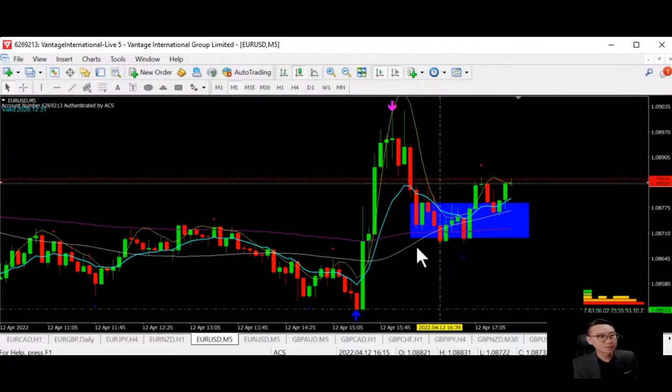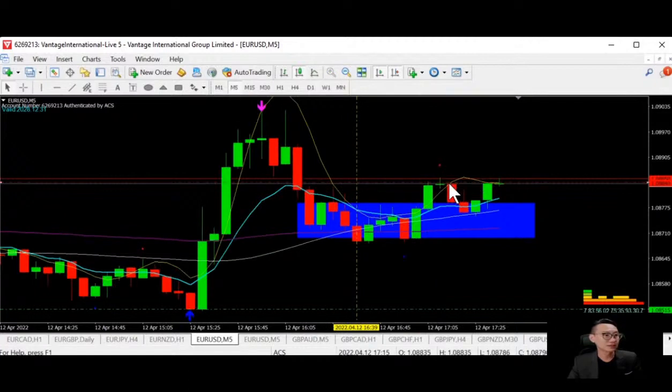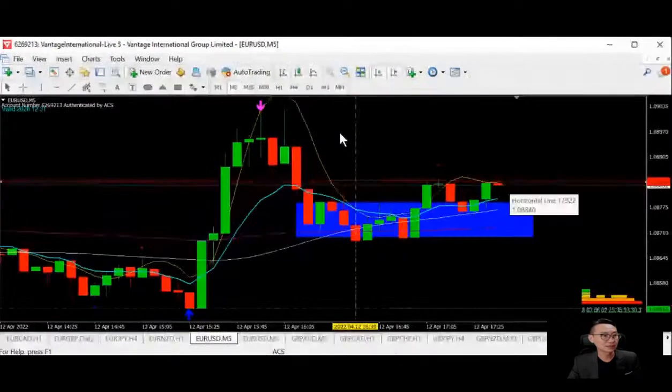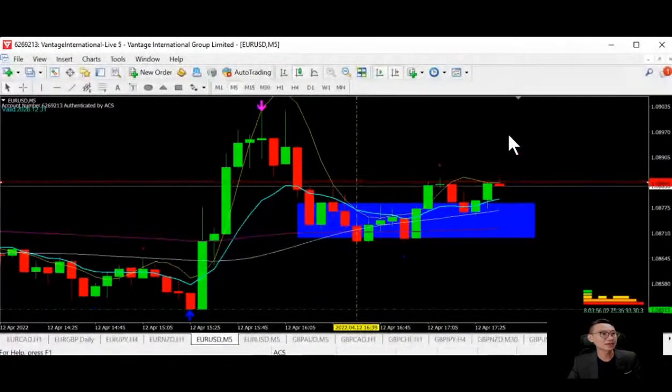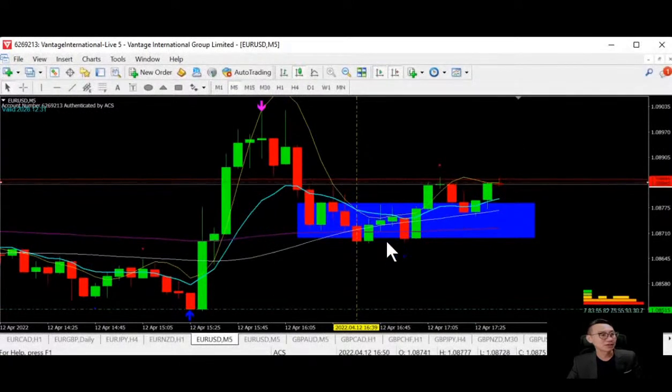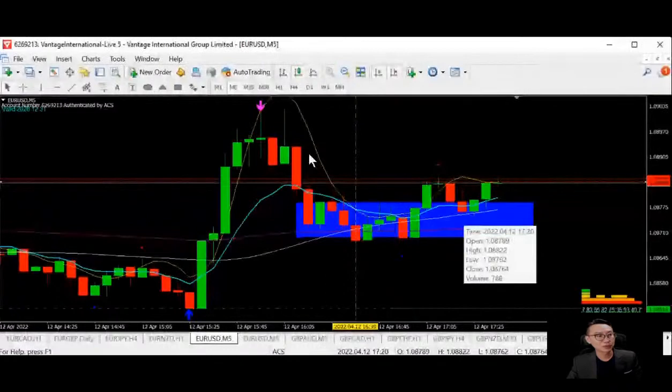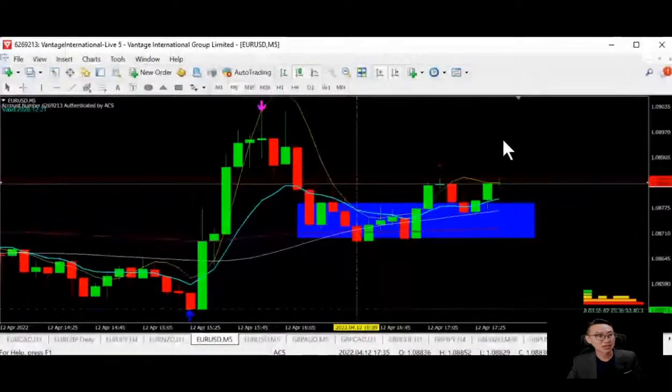So like over here, as you can see right now, let me expand a bit. It seems like it's going to hit up as a V. It's not the higher high. It's not from the support. It's building a higher support. What's next? Higher high.